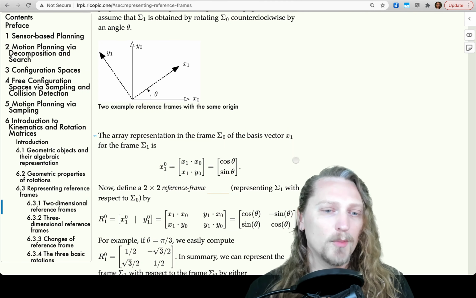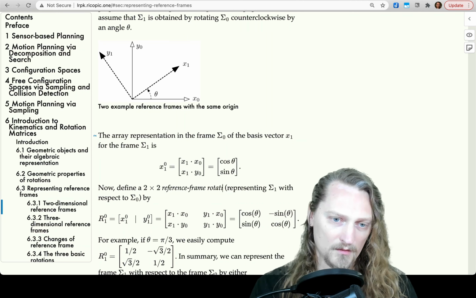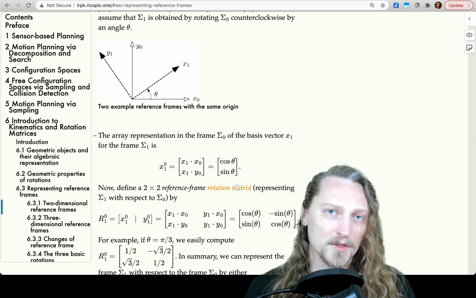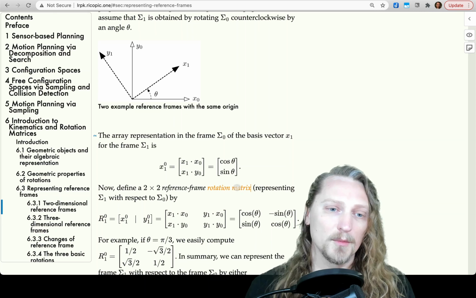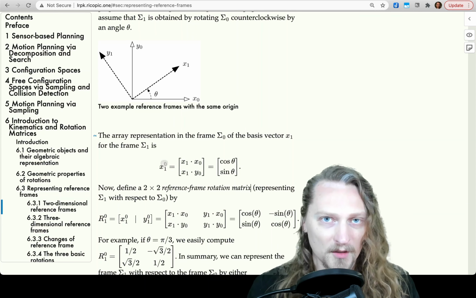Now, define a 2x2 reference frame rotation matrix representing sigma 1 with respect to sigma 0. So we just represented x1 with respect to sigma 0.